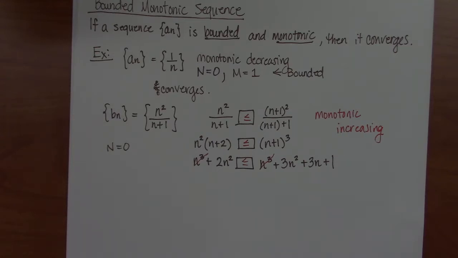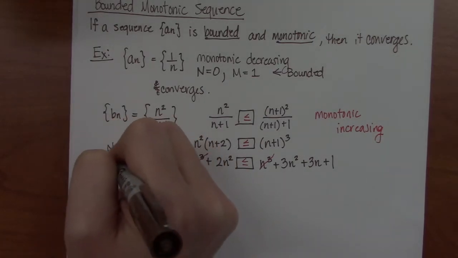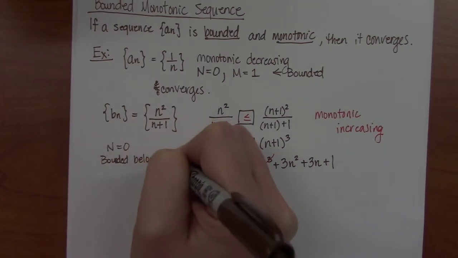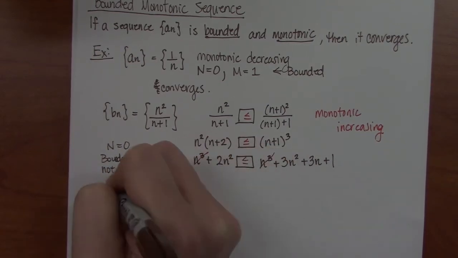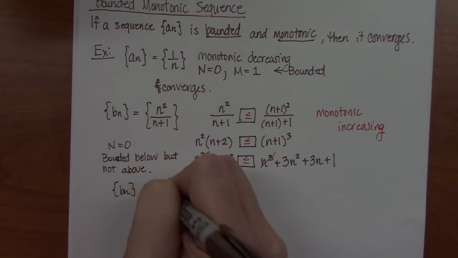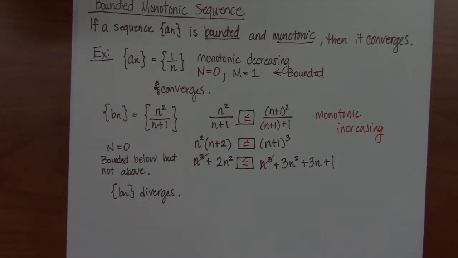However, what about its upper bound? Well, it has no upper bound because the limit of the nth term is going to infinity. So this thing is bounded below, but not above. And so this diverges.